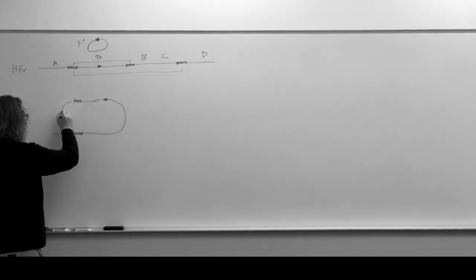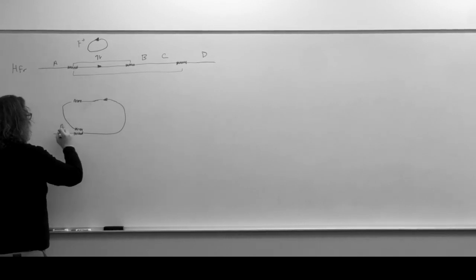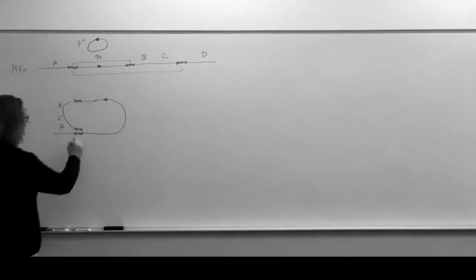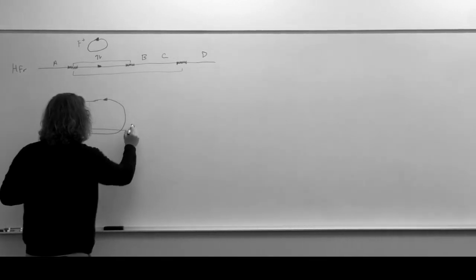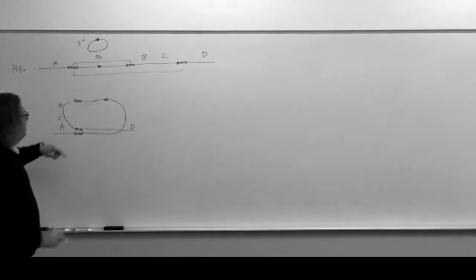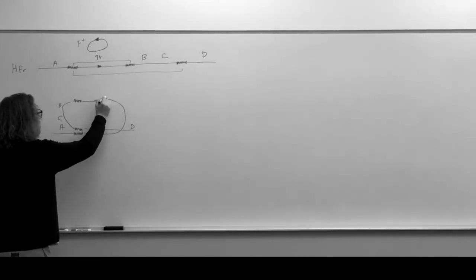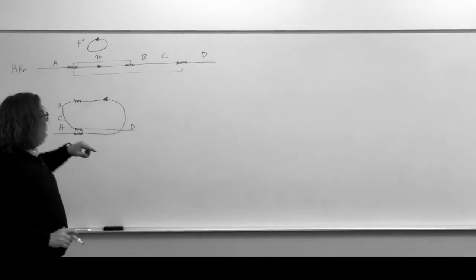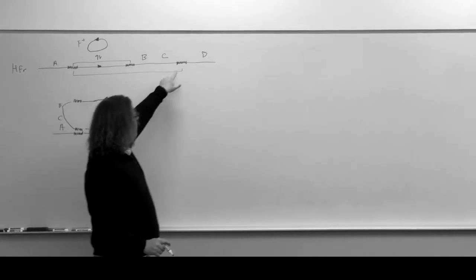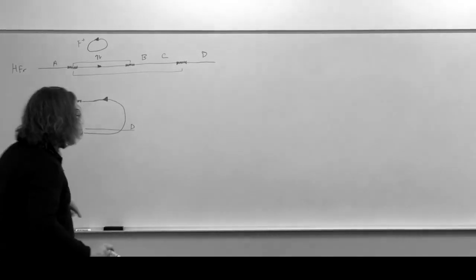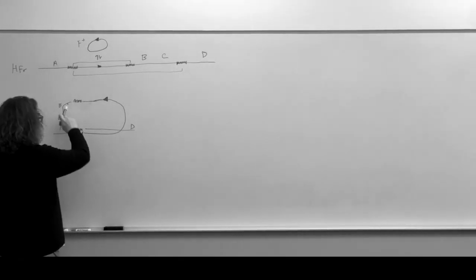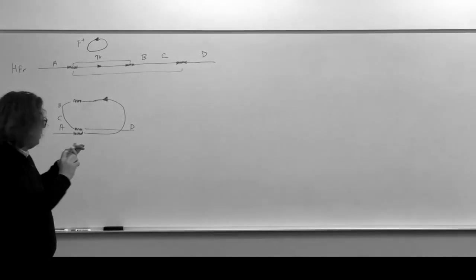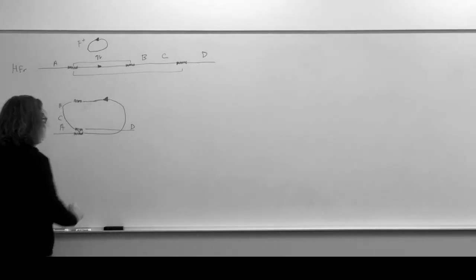Then we have B, and C, and D. So essentially, I've just flipped this sequence around, so this insertion site is now lined up with that insertion site. So A is there, D is there, and then B and C are looped together within another piece of DNA that can excise out of the genome.